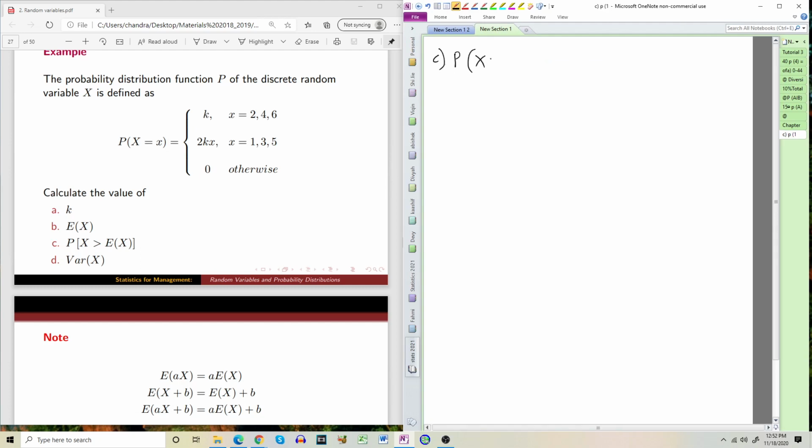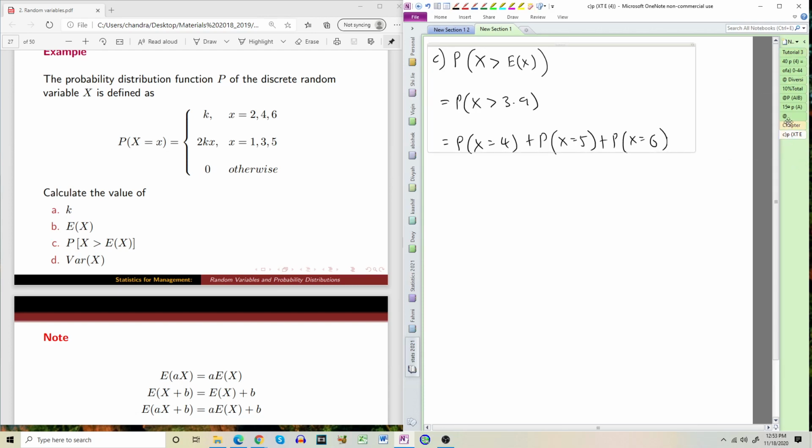C is x greater than this one. X greater than 3.9, which is for 5, 6. Just now we go until 6, isn't it?